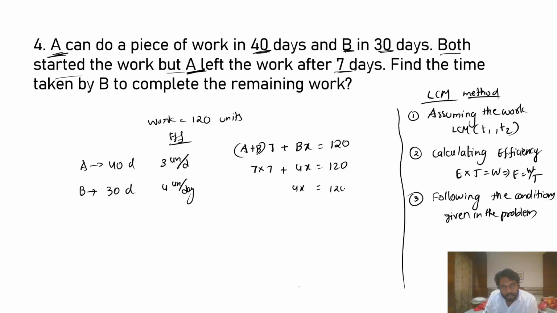So 120 minus 49, how much, guys? 120 minus 40 is 80, and 80 minus 9 is 71. 4x would be 71, so x would be 71 by 4. What is 71 by 4, guys? It is 17.75 days. Okay, I hope you understand. Or else as a mixed fraction, you may get 17 3/4 days.